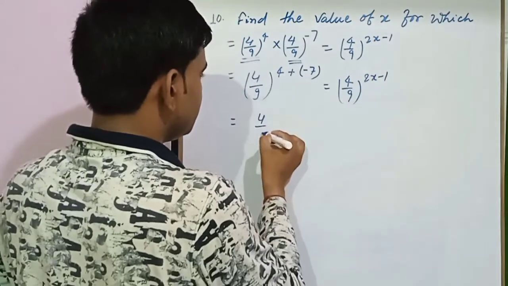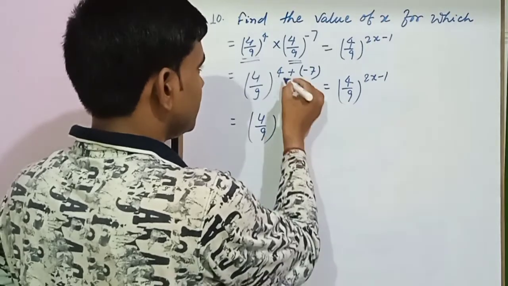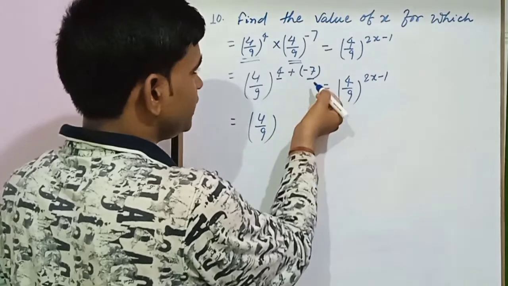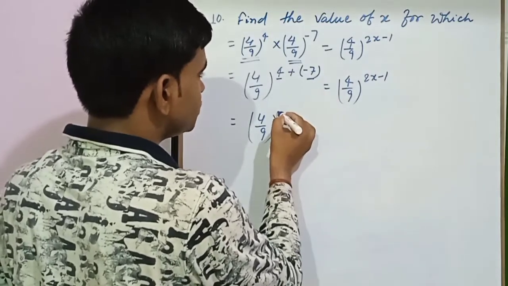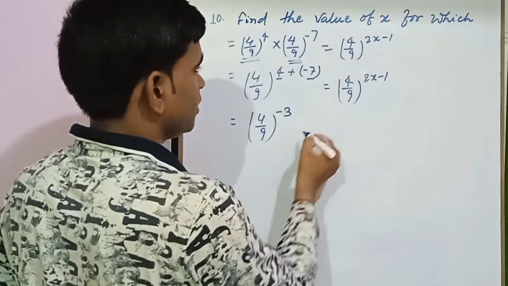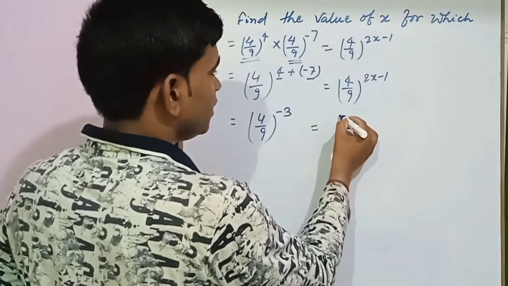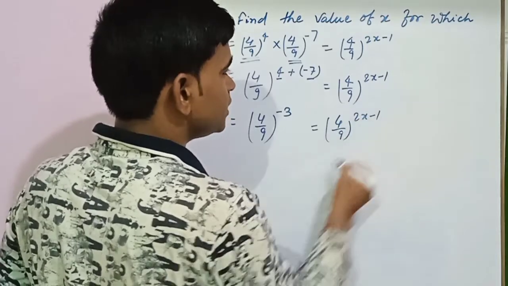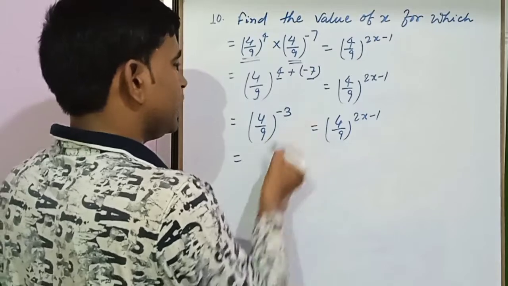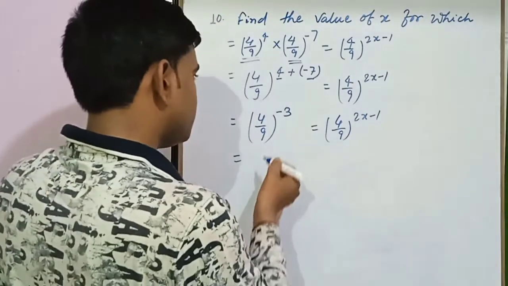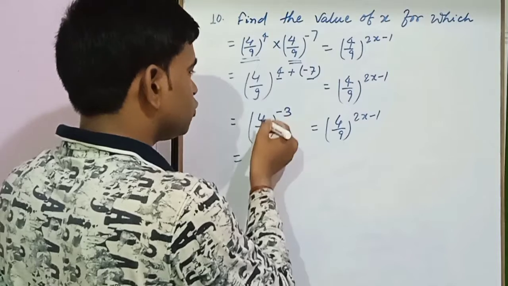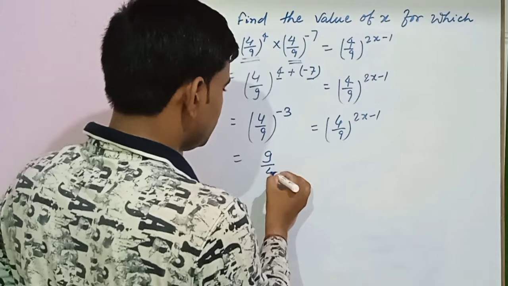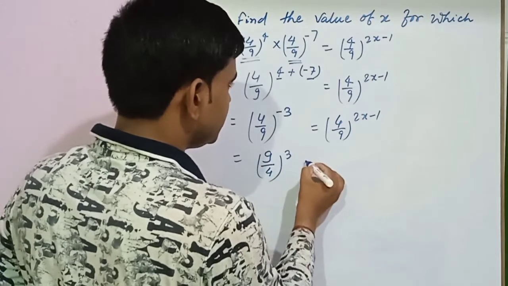So we have 4 upon 9 raised to the power minus 3 is equal to 4 upon 9 raised to the power 2x minus 1. When the exponent is in minus form, we take the reciprocal, so it will be 9 upon 4 raised to the power 3.